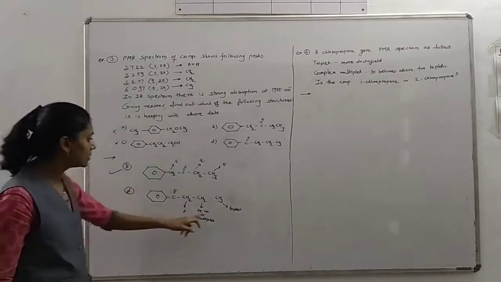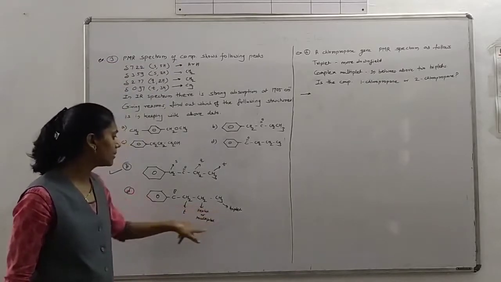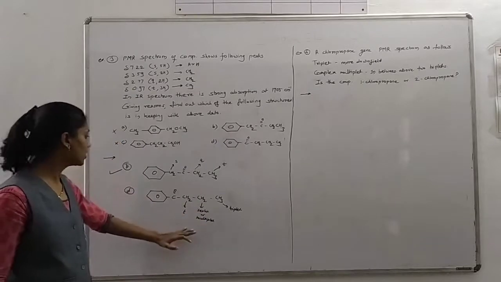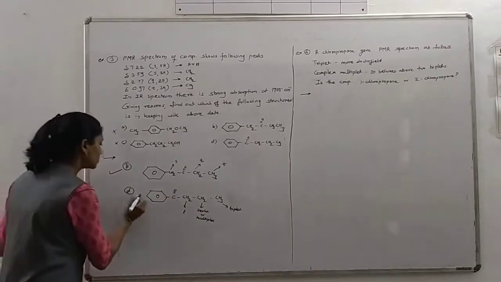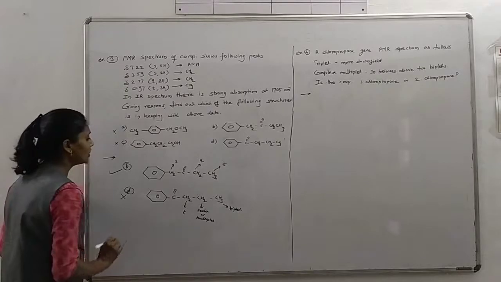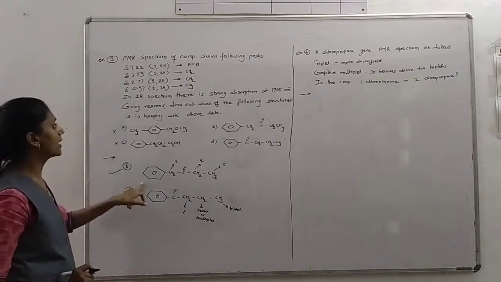In the other structure there are 2 triplets and 1 multiplet, so we do not take this structure. We ruled out this structure. This is the correct structure.